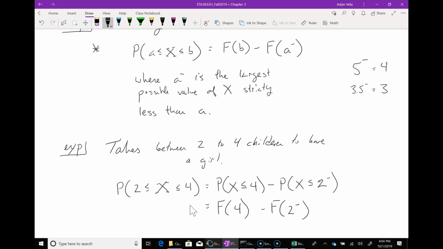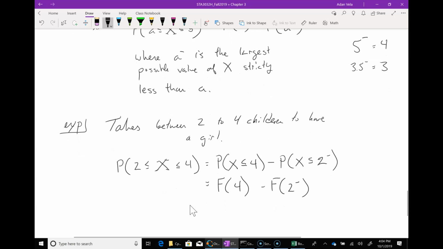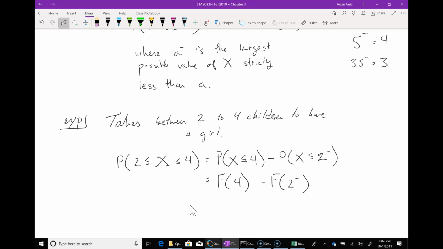It's the same thing. Actually, I should have probably written this in the other order. So when we write that, what we're going to calculate is our CDF for 1, because it's the next largest integer value, or possible option, than 2.